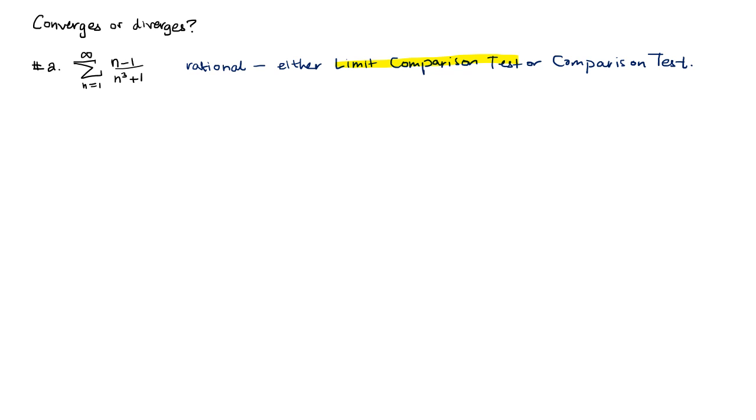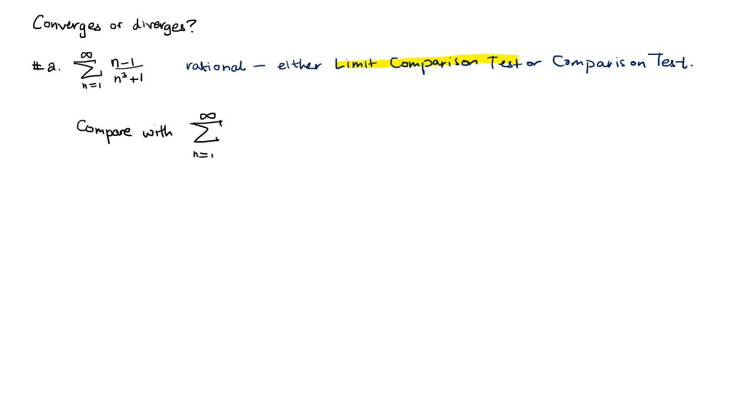Okay, so to use this test, we're going to compare with a p-series that's related to this one by, we're just going to throw out terms that aren't that big.